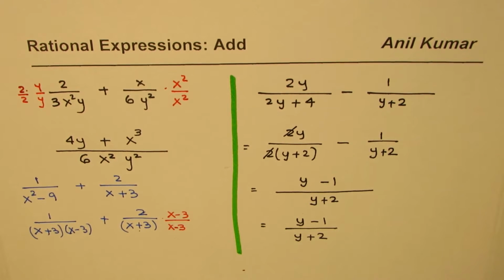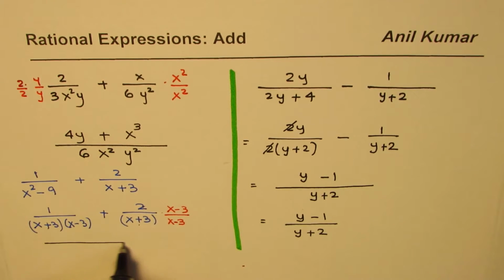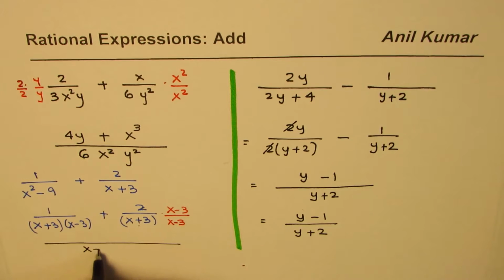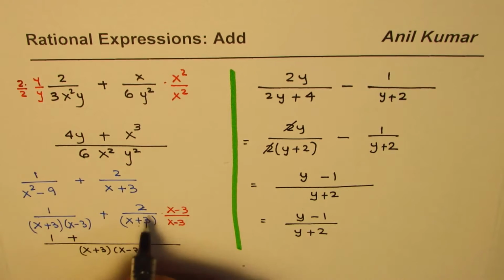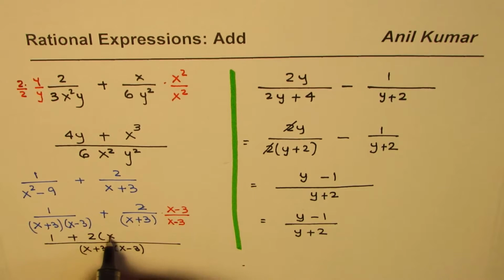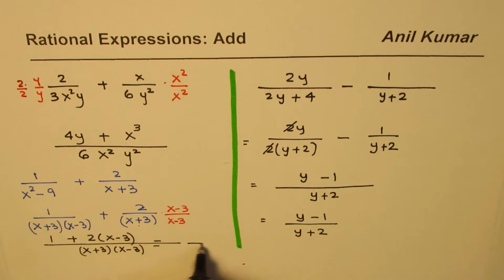Now we can perform the operation of addition, right? So now what we have here is a common denominator, which is x plus 3 times x minus 3, and in the numerator we have 1 plus 2 times x minus 3. Do you see that? So now we could actually simplify this and write this as x plus 3 times x minus 3.